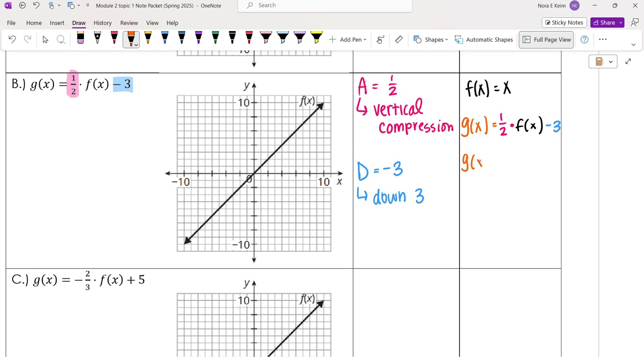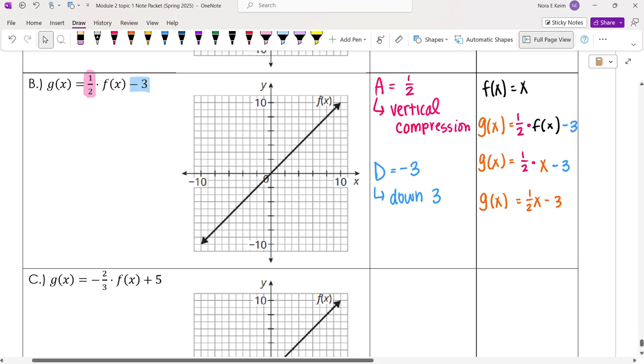So g of x equals 1/2 times, well, f of x is equivalent to x, minus 3. So g of x equals 1/2 x minus 3 is my final answer.